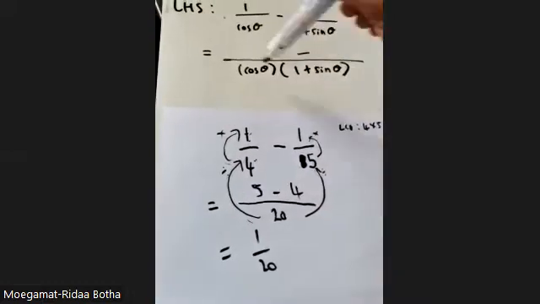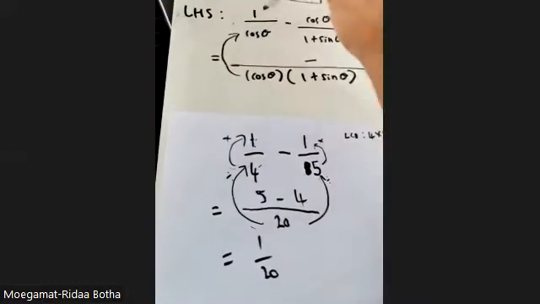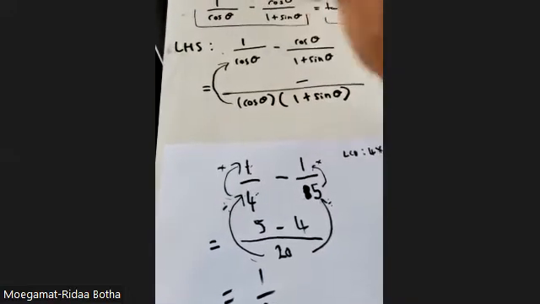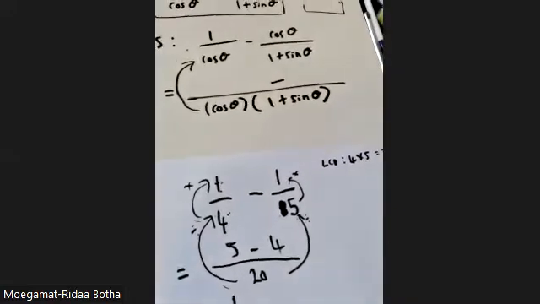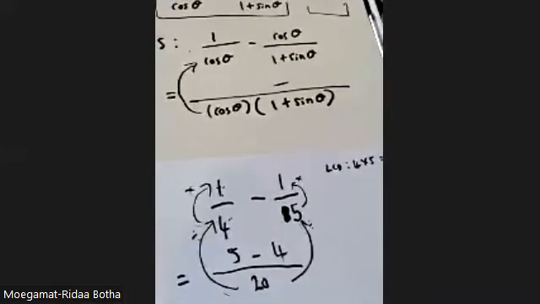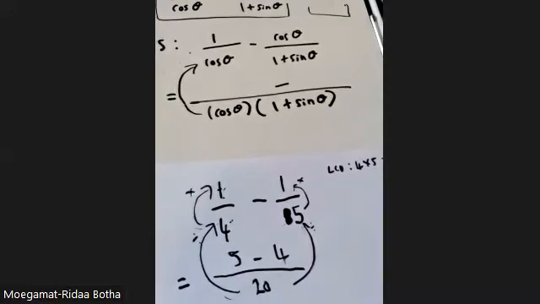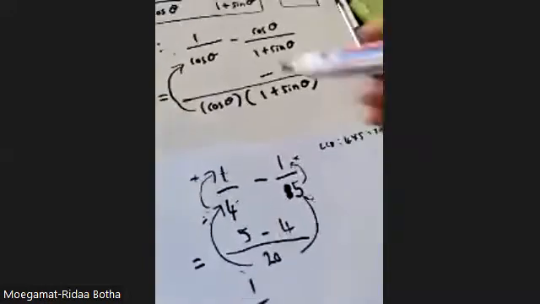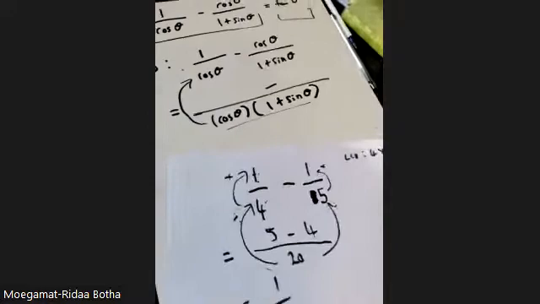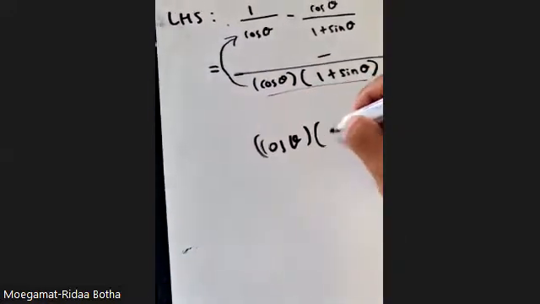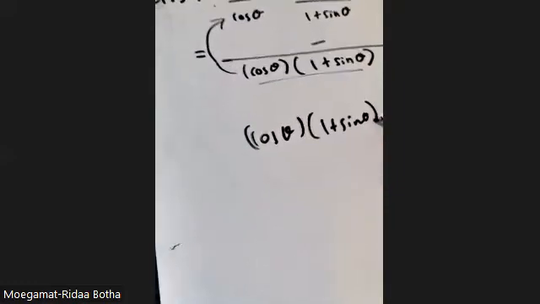So we take this LCD, we divide it by cos theta. Remember, this is my LCD, so basically it's going to be cos theta times 1 plus sine theta.